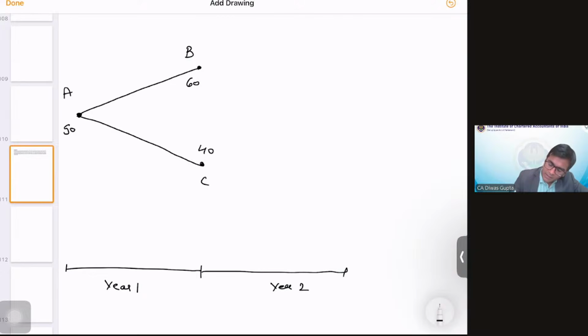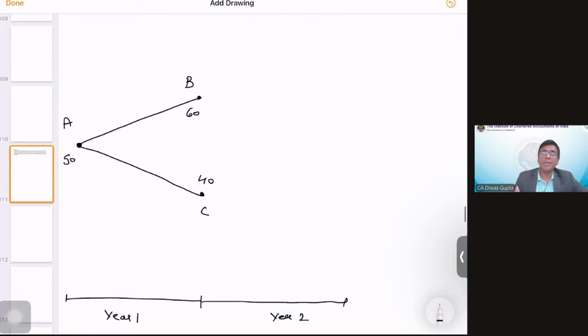So for B, 60 plus 20% of 60. What is 20% of 60? 12. So 60 plus 12 is 72, and 60 minus 12 is 48. So these are the two upper and lower values.